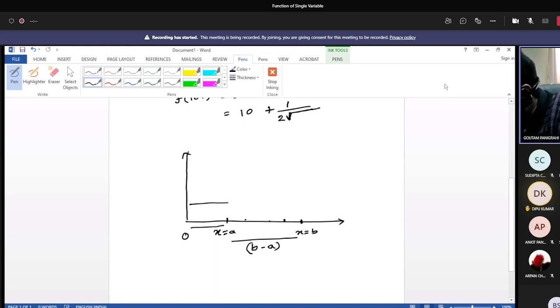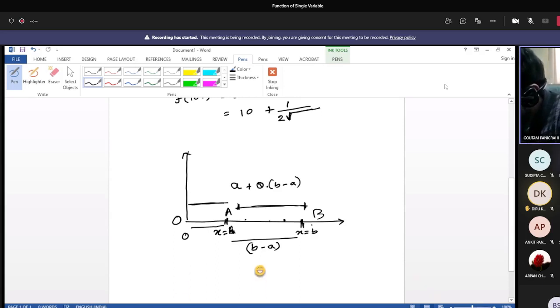Suppose this is OA, this is capital B, this is capital A, this is O. Is it true or not? Yes, sir. So an intermediate point can be written as a plus theta into b minus a.